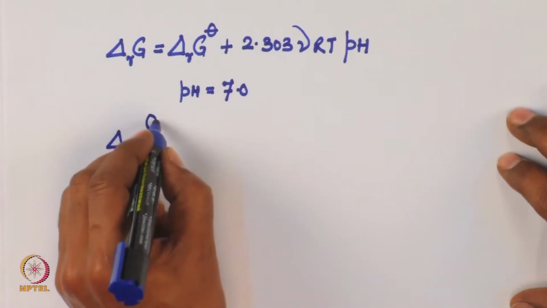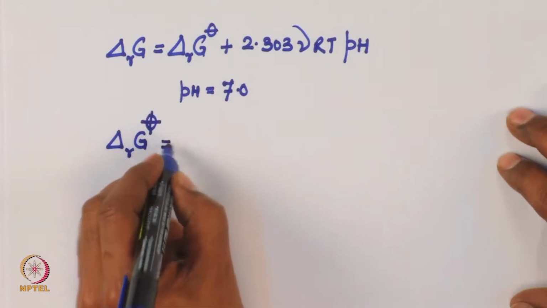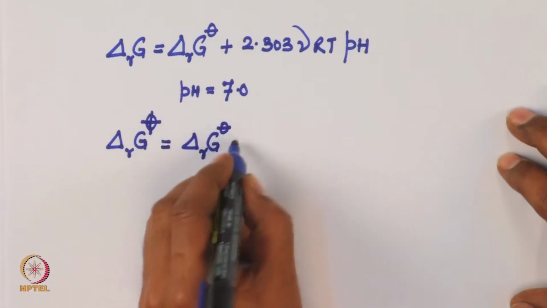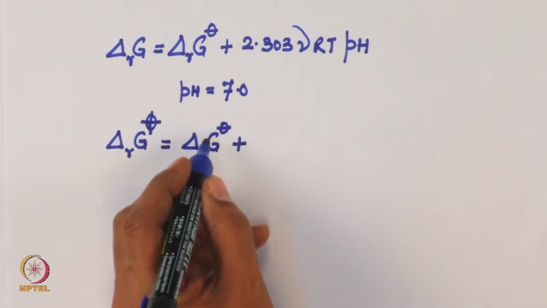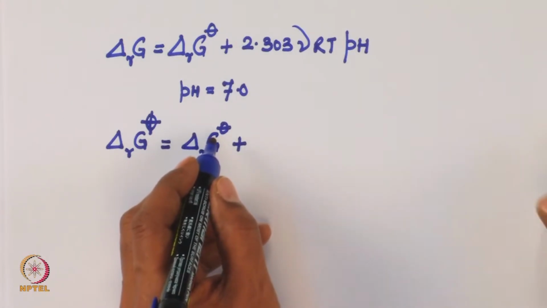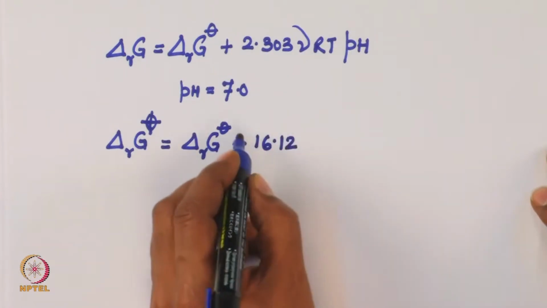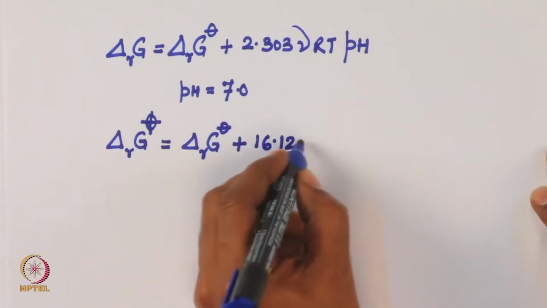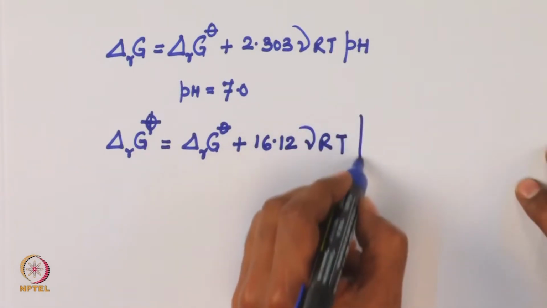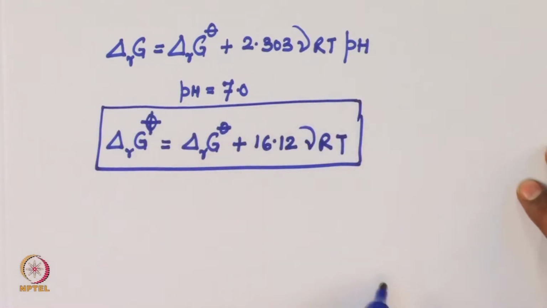But now, since we are talking about biological standard state, it is equal to delta R G naught plus 16.12 into nu R T. This is the equation that we derive.